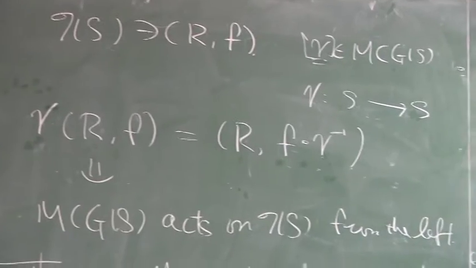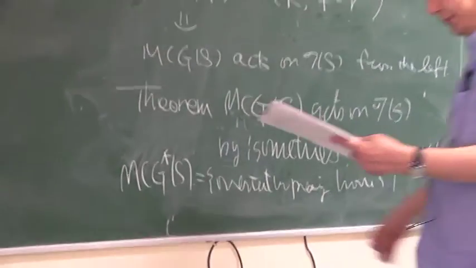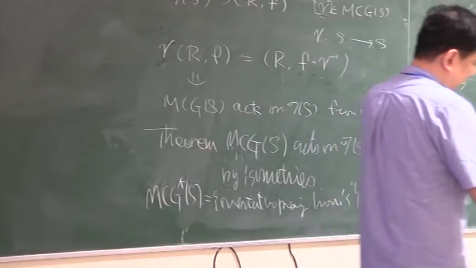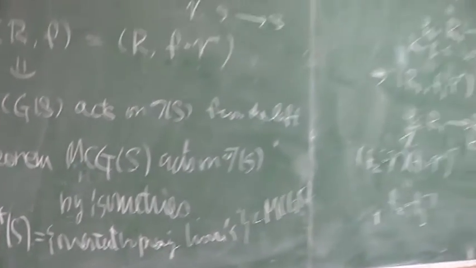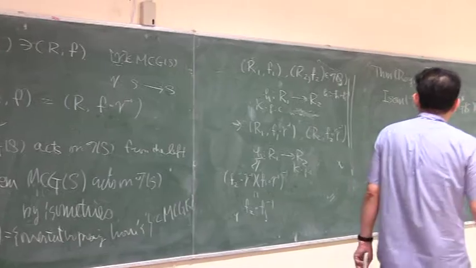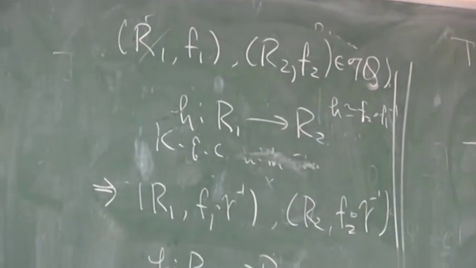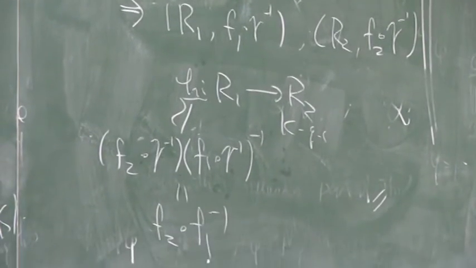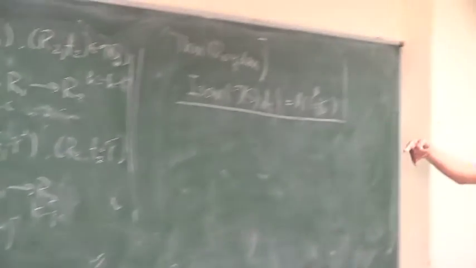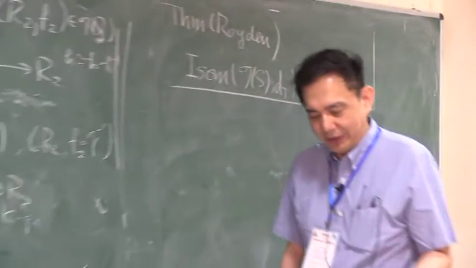So actually, this theorem comes from the following infinitesimal version of the mapping class group. I will show you the stronger version of this theorem, and I don't have enough time to explain the proof.